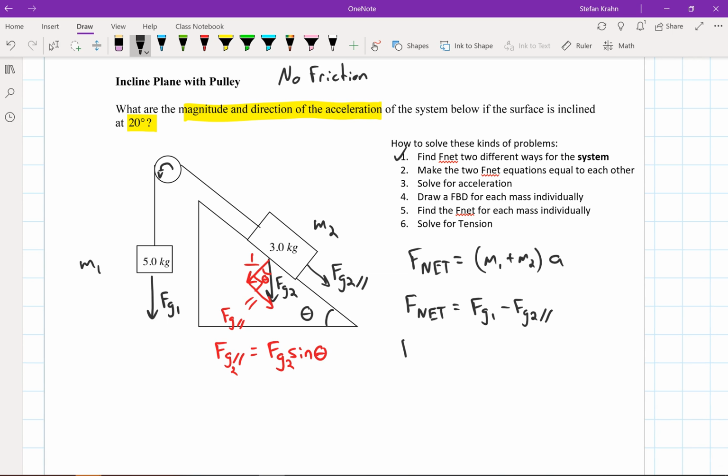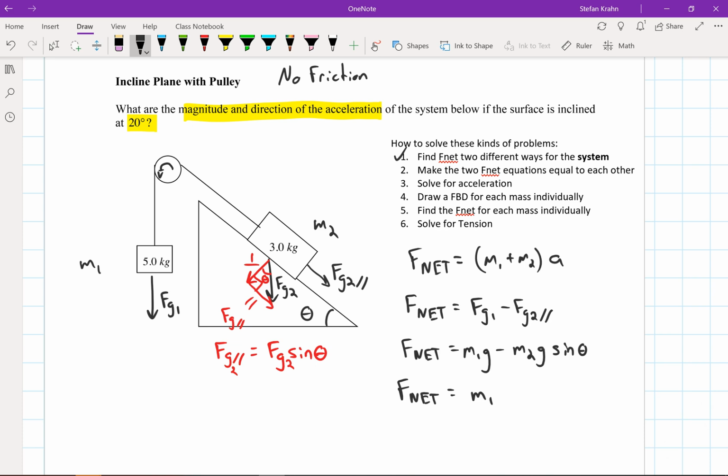Now I'm going to expand this one. Fg1, well, that's mass 1 times g. And Fg2, the parallel component, is mass 2 times g as well, but times the sine of the angle. And from this, I can actually factor out a g.